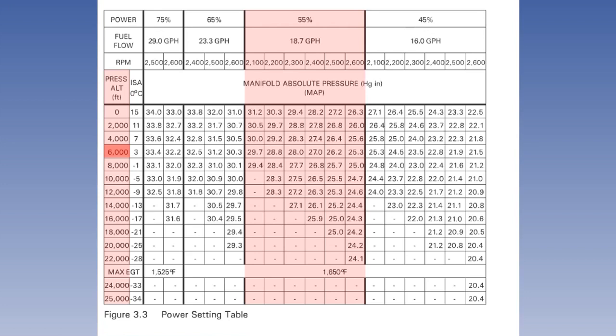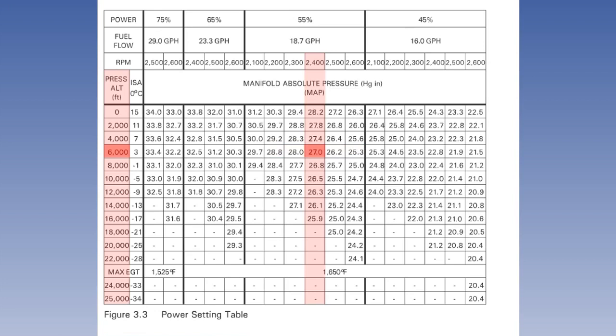Let us assume 55%, and then read the fuel flow in US gallons per hour, which in our example is 18.7 gallons per hour. In the same power block, select the column appropriate to the engine RPM, say 2,400. And where this column intersects the pressure-altitude row, read off the manifold pressure.